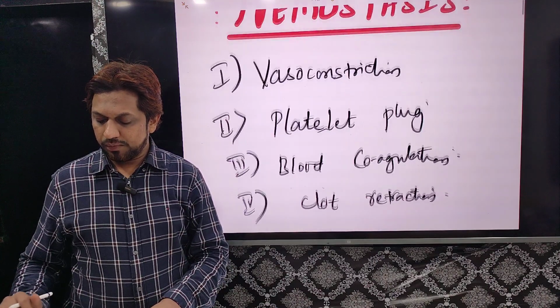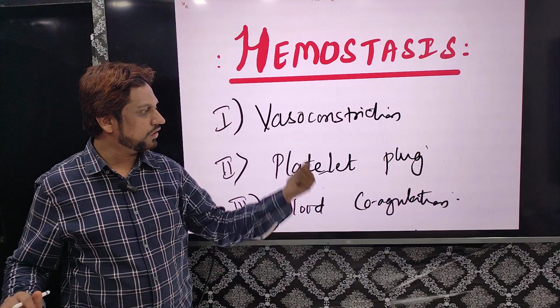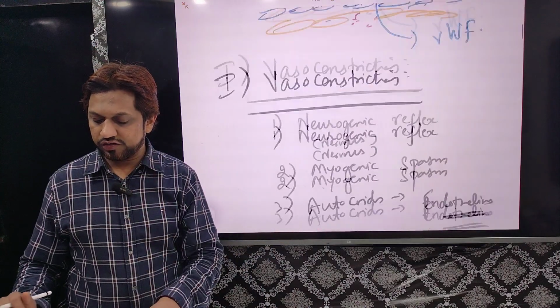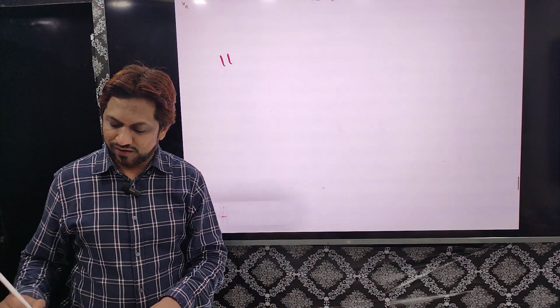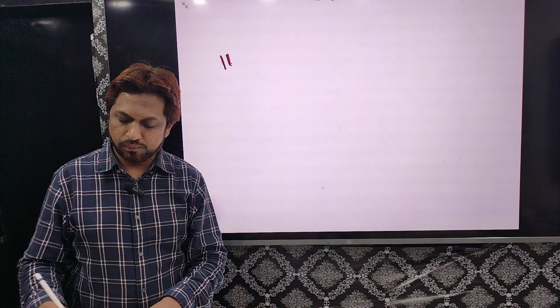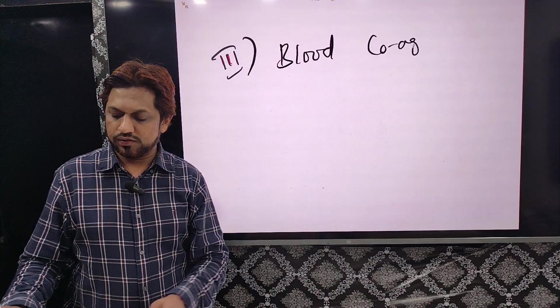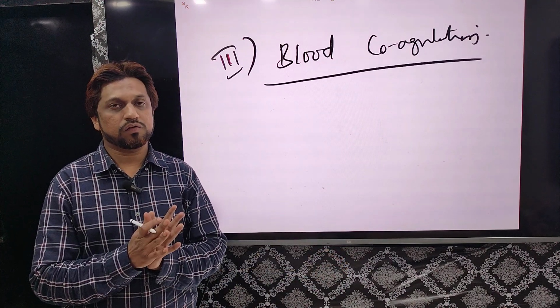So coming back to the starting side headings, we have discussed vasoconstriction, platelet plug formation, then the third step is blood coagulation. Blood coagulation itself can be a 10 marks question for you in the theory exams, a very important topic. What we have discussed till now is the process of hemostasis, that is the process of stopping the blood.